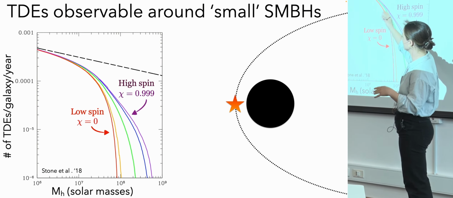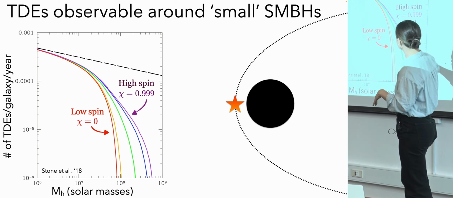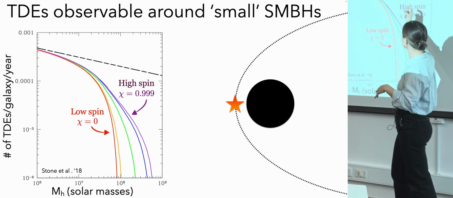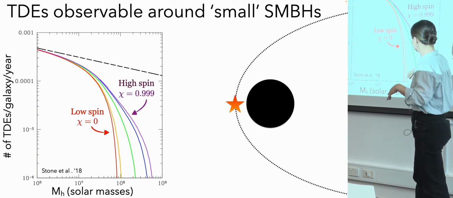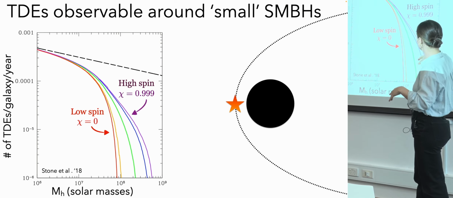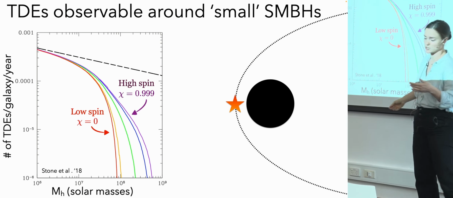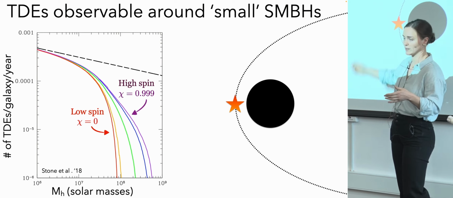It's a theoretical estimate of a TDE rate as a function of black hole mass. And if you don't account for direct capture, you get this black dashed line. And if you do, you get these rainbow lines. And of course, it depends on the spin of the black hole, but basically it's dropping off very sharply above 10^8 for main sequence stars disrupted by a black hole of any spin.